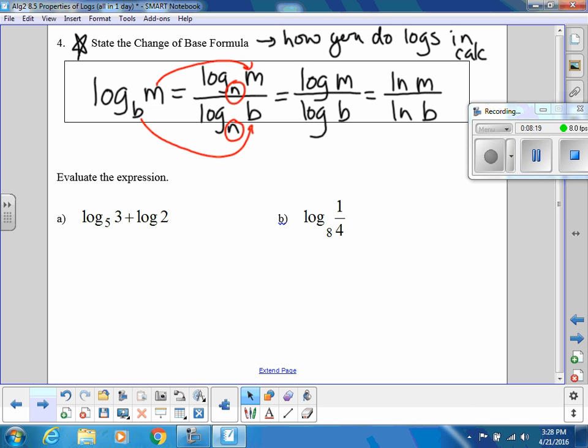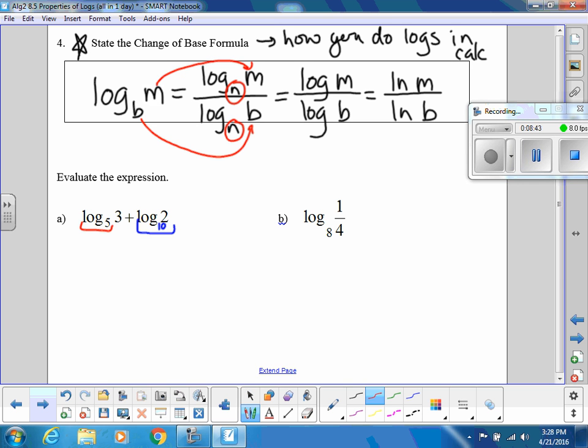If I'm going to evaluate these expressions, well, first of all, I don't just have one thing going on here, I have something plus another log. But do you notice how this is log base 5, and this one is a log without a base written? Remember, that would be understood to be log base 10. All right, so I cannot combine those. So don't try to do that product property. We can't do that here.